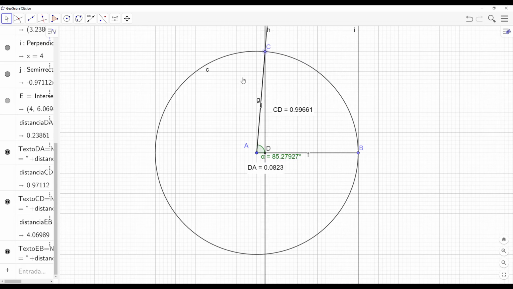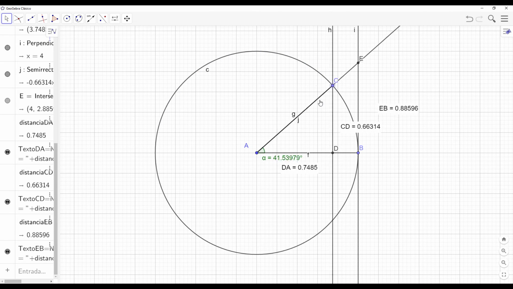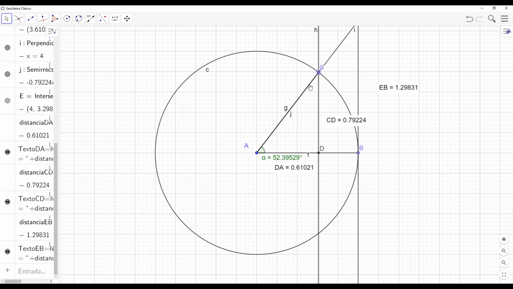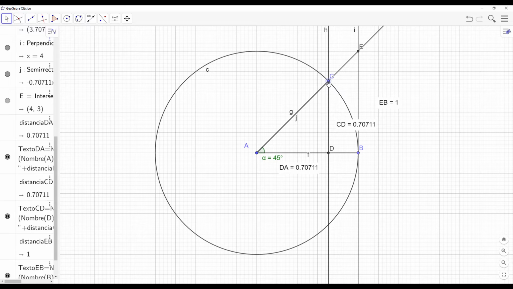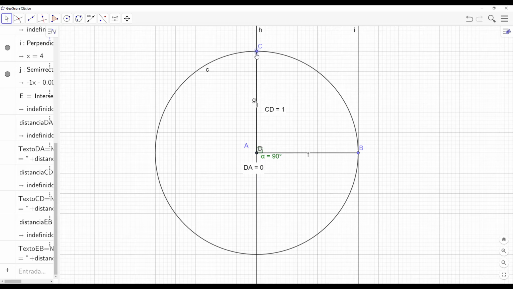All the values of those trigonometric functions come from a circumference of radius 1. Okay, so if you have 90 degrees, you have one problem with the tangent. This is infinite.